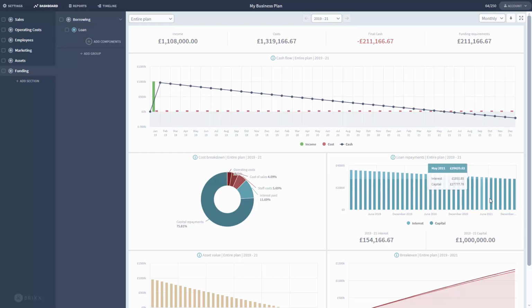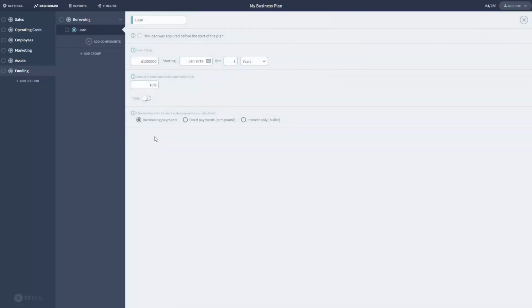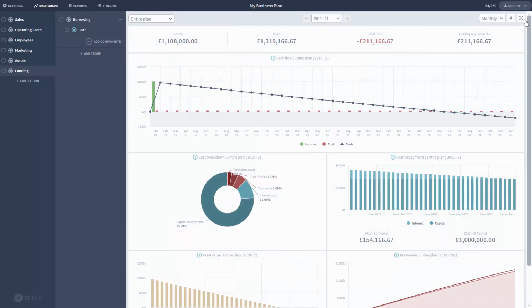And just to show you how this can work, right now we're on decreasing payments as a repayment method, so as you can see, the repayment each month is getting lower. The capital repayment is the same every period, but the interest is dropping because the outstanding balance is dropping.